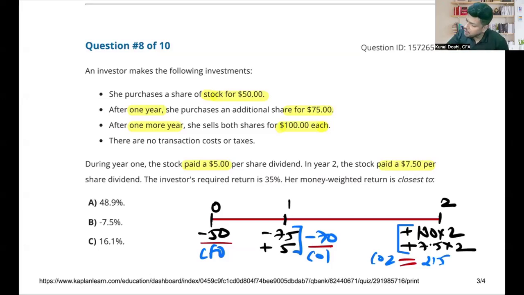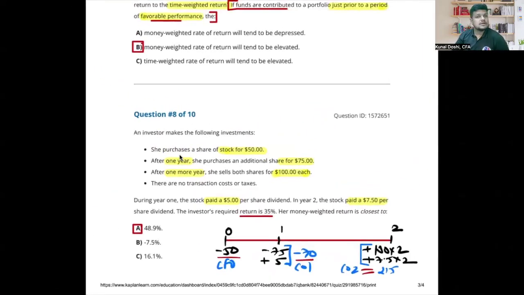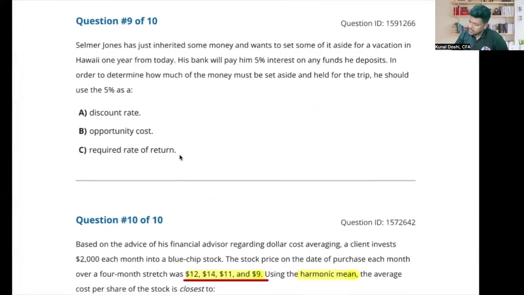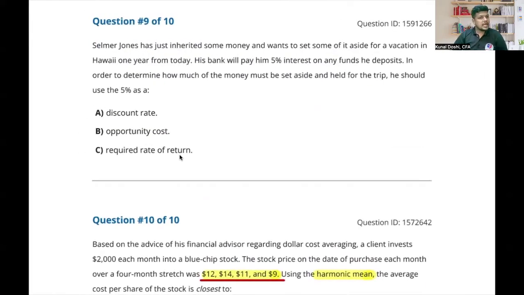Everyone is getting 48.86. That is 48.9. Yes, check. Let me know. This information, required rate of return 35%, doesn't matter. Ignore it. Unnecessary information. Clear? Got it? Done? Okay. Let's move to the last question.